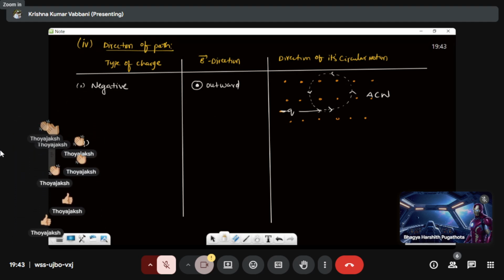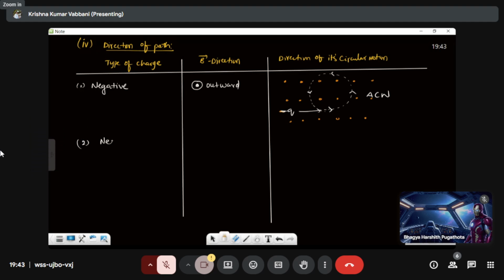The second case, I am taking the charge is negative only, but the magnetic field is inward. This comes by the left hand Fleming rule. Tomorrow morning's class we have to discuss what is the left hand Fleming rule.